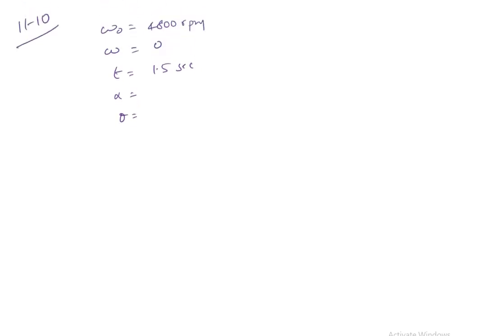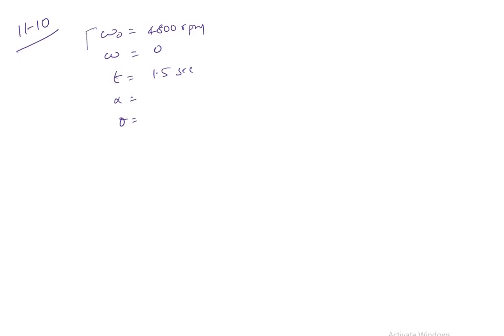Okay. So for this, we already know the formula that involves final velocity, initial velocity, and time. But before we do that, we have to do this one thing that we need to do frequently, which is convert RPM to radians per second.